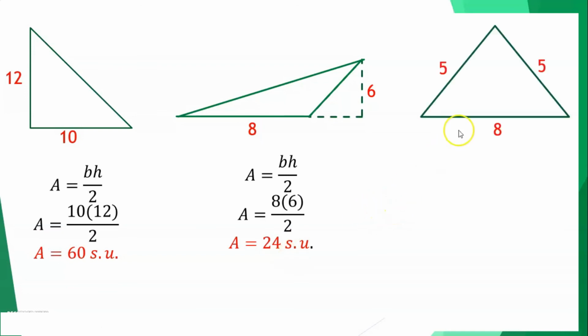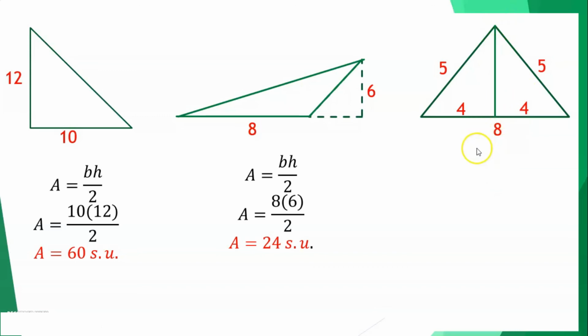Now another. Given this, we have here an isosceles triangle with the base of 8 and the height is unknown. So to do that, let's draw the altitude. So separating the base, this would become 4 and 4. So take note, the altitude here is forming a right triangle.